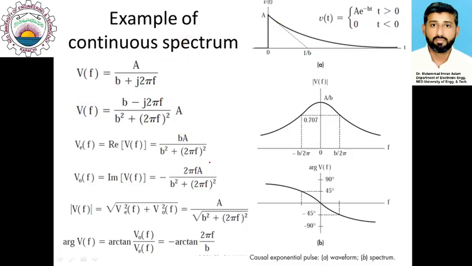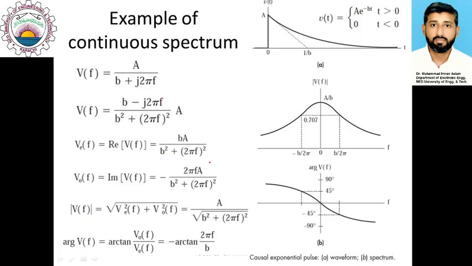As we have previously discussed, the spectrum is provided in the form of two different graphs. We need two separate graphs, one for the amplitude spectrum and the second for the phase spectrum.